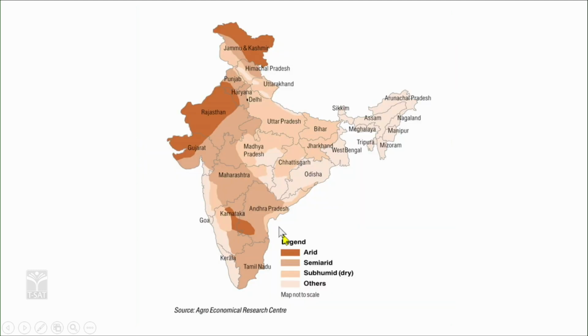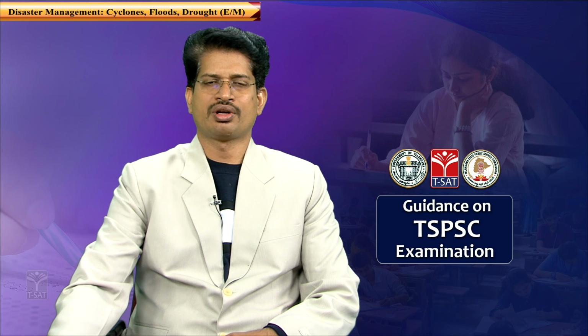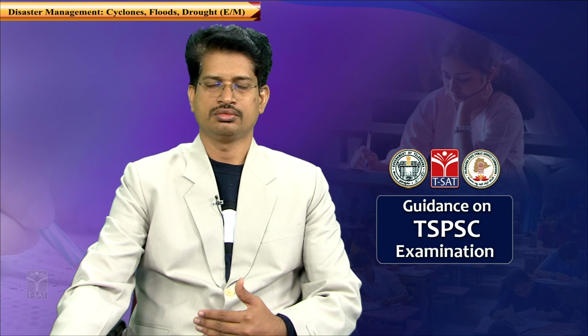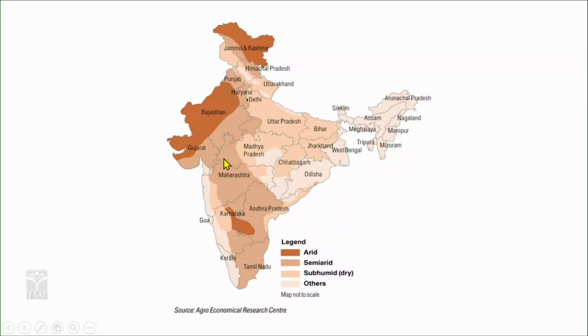Now I will be discussing drought. In the same way, for drought, you need to draw a rough sketch of the India map and mention the regions which are subjected to drought. For example, see this: an arid region means a desert region where the impact of drought is more. This is the rain shadow region in the eastern side of the Western Ghats which is experiencing drought.